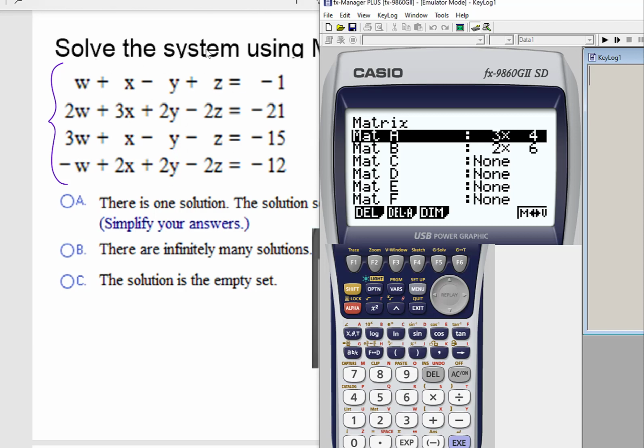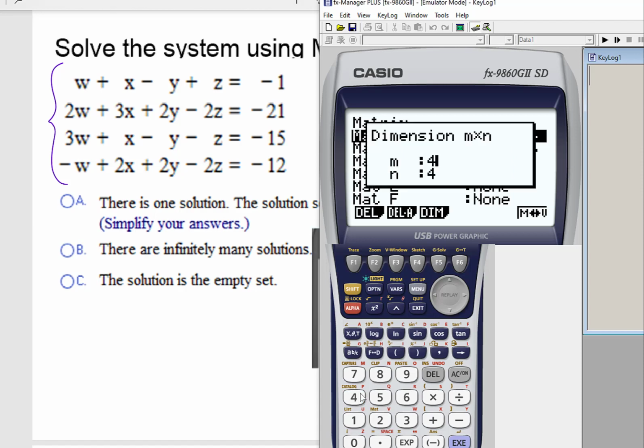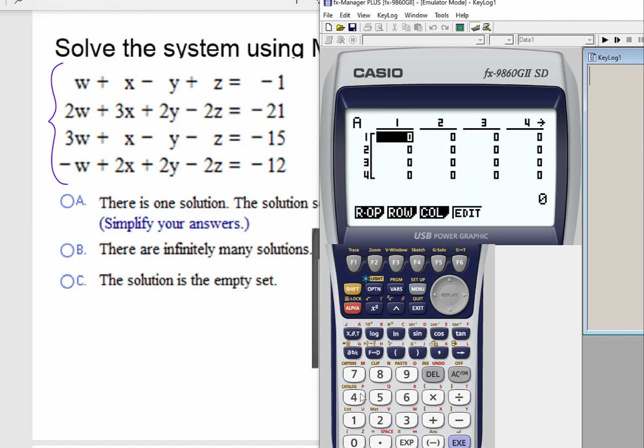So be careful that you don't get mixed up with the number of variables and the columns, because you'll always have one more column than the number of variables, because you have that column for your constants on the right side of the equation. So I have 4 by 5. And let's enter it in. Okay, got it all entered in.